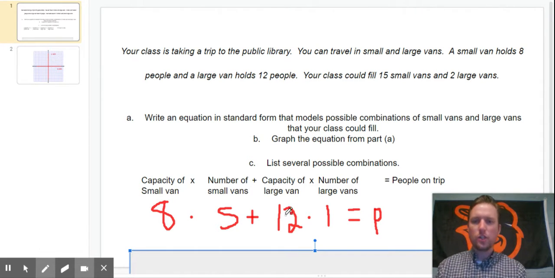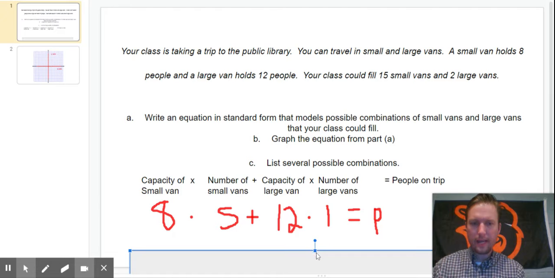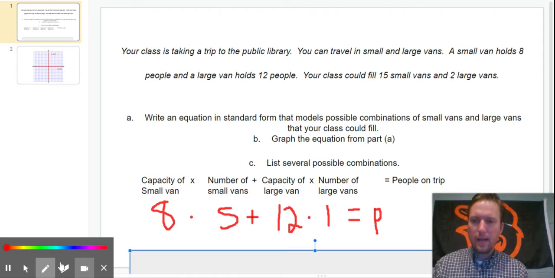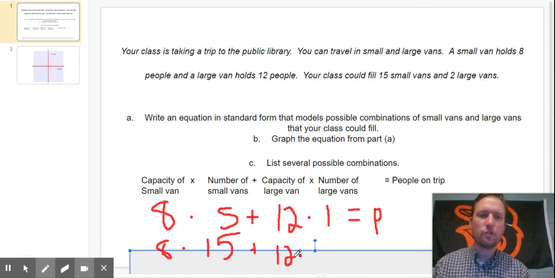Now, looking at this problem, it says your class could fill 15 small vans and 2 large vans. So I'm going to take this 8 and multiply it by the number of small vans that we would need, which is 15, plus 12, the capacity for the large vans, times the number of large vans this class trip would need, which would be 2.